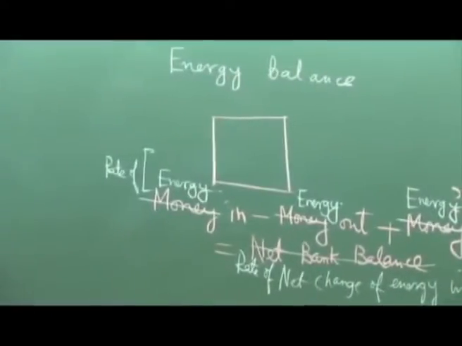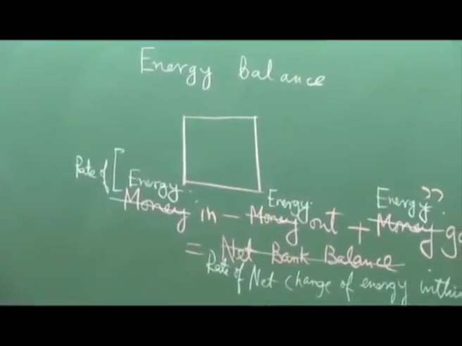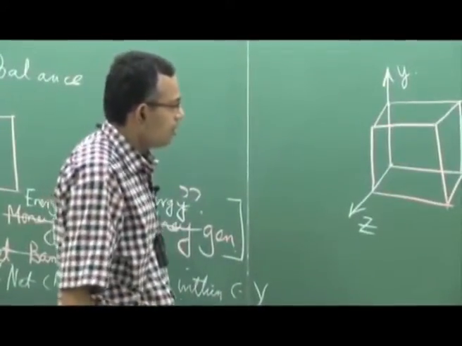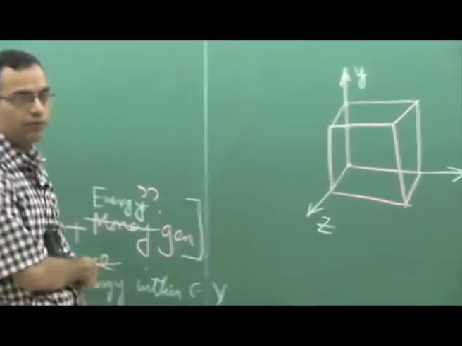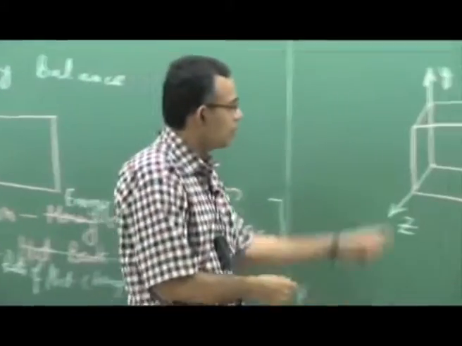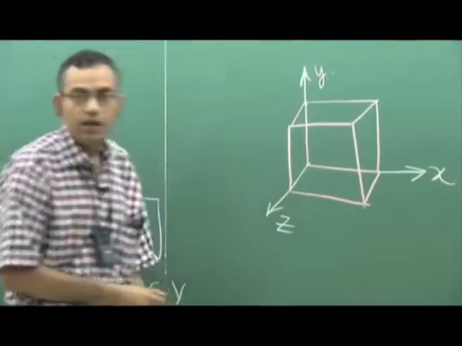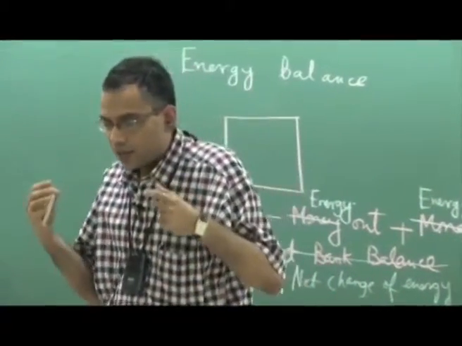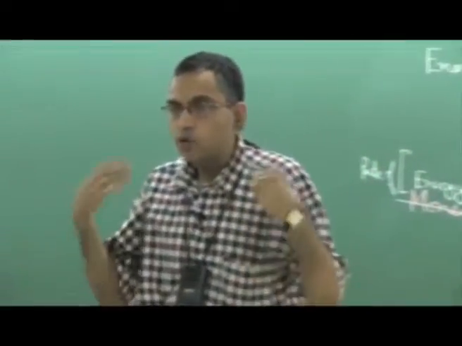Next, what we will do is we will account for the rate of heat transfer over here. In heat transfer, just like in mechanics, you have two types of forces, one is a surface force, another is a volumetric force or a body force. Similarly, in heat transfer you have either surface heat transfer or volumetric heat transfer.